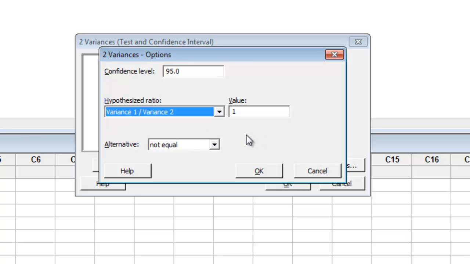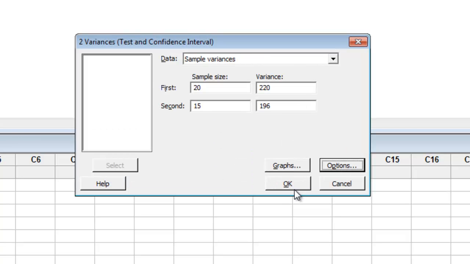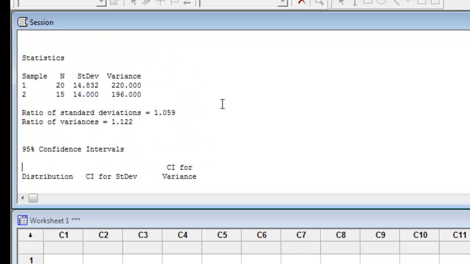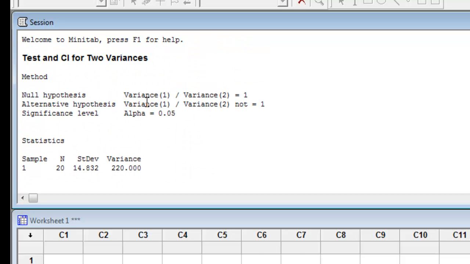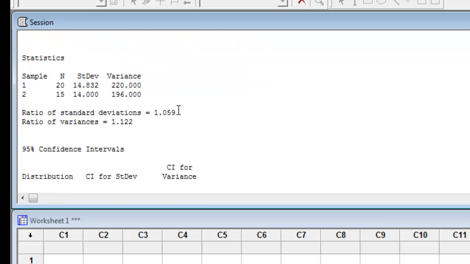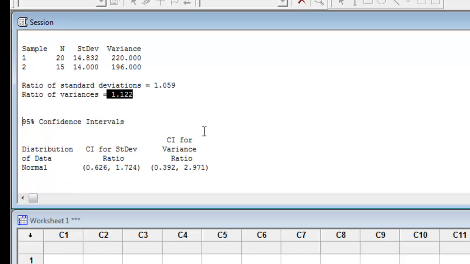We could do that for variances, variance 1 over variance 2, click OK, click OK, and we get some output here. It tells us what we were trying to do, shows what the standard deviation is for each one of those, and shows the ratio of the standard deviations. So here's the ratio of the variances, which is what we're interested in.